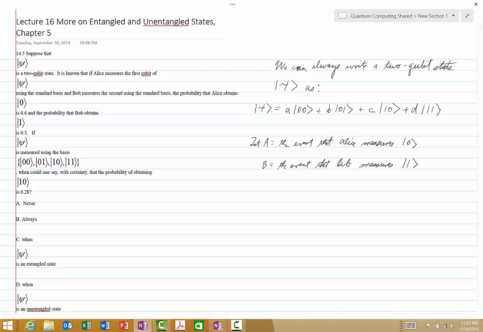Notice that these definitions of A and B would imply that A prime, the complement of A, is the event that Alice does not measure 0. And of course, Alice and Bob are both using the standard basis, so if Alice does not measure 0, it means she must measure 1.